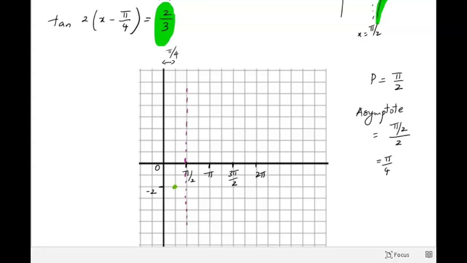Then our second cycle finishes at this point, leaving us with my second asymptote at pi, then my third asymptote at 3 pi on 2, and my fourth cycle's asymptote is going to be at 2 pi. Now I also need to take into account that the y-axis is also going to be an asymptote in this scenario, given we have a horizontal shift.